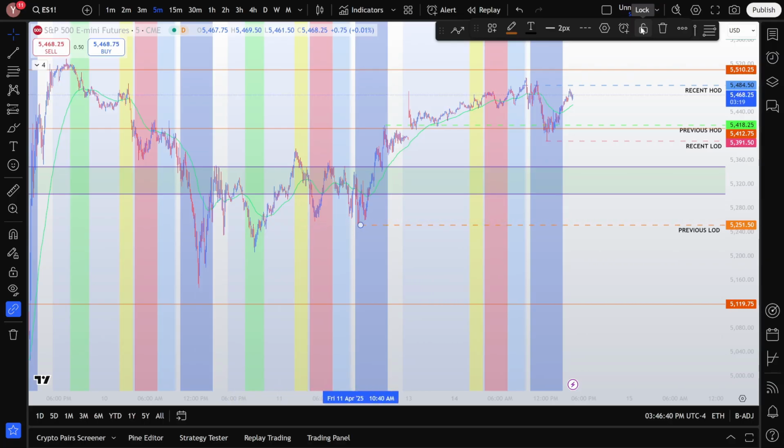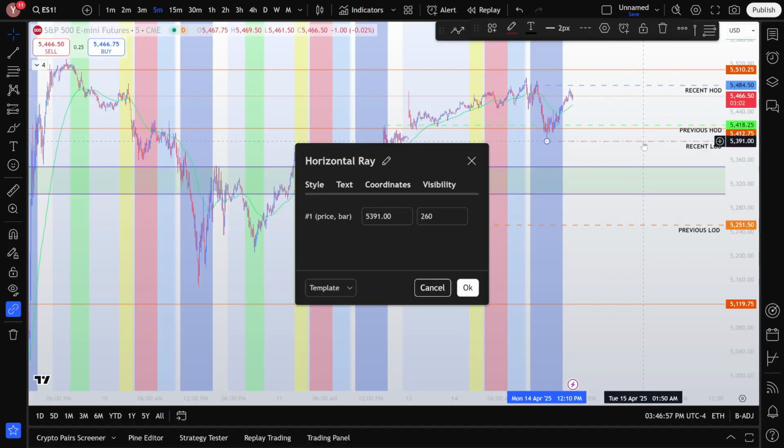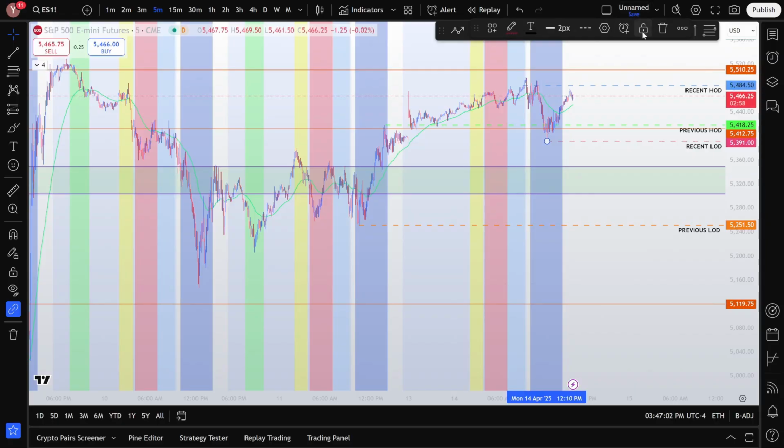Boom, done, lock it. Now this one, you're gonna use the magnifying tool for this. Like I said, make sure it's wick to wick. And there it is. Double click again. Copy the price. Make sure we lock that.